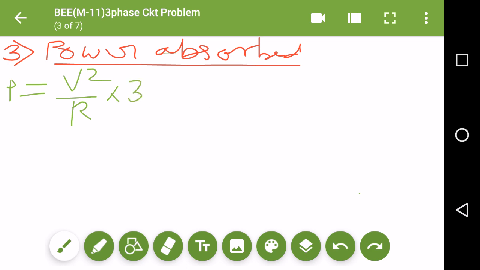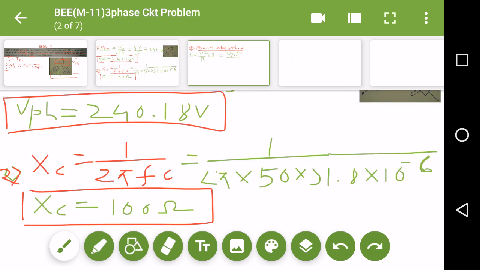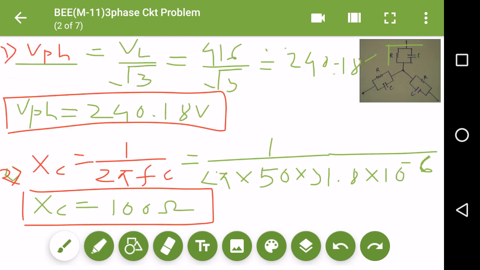V is just Vph, not the whole VL. Don't use the value of VL; we use Vph because we are finding the power absorbed in one branch, then multiplying with 3 accounts for the other branches. So the value of voltage is just the phase value.